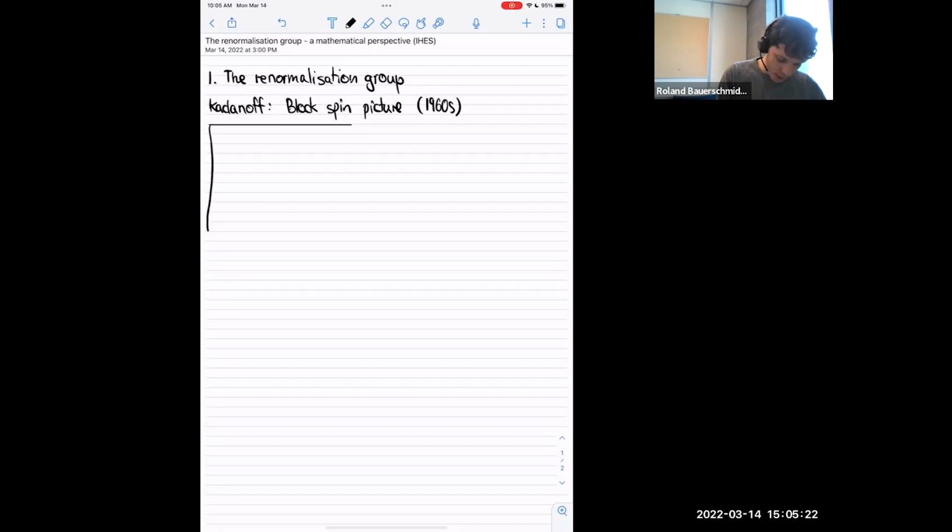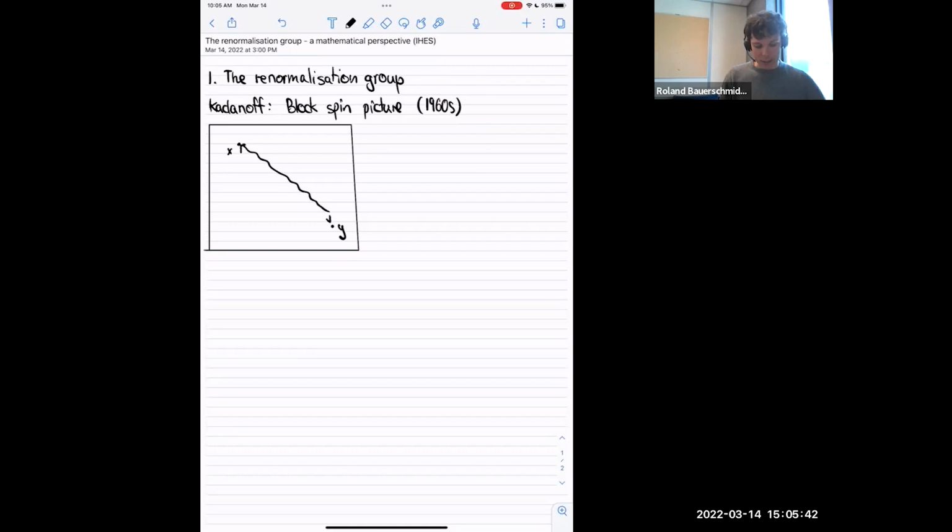So let me draw a box which is an idealization for physical space. And we consider 2 points, say X and Y. And the situations where the renormalization group is relevant is when there are strong correlations between these 2 points. So what does this mean in the case of an Ising model? Well, in the Ising model, say we have a microscopic collection of so-called spins at, say, sites of, in this case, a 2-dimensional lattice.